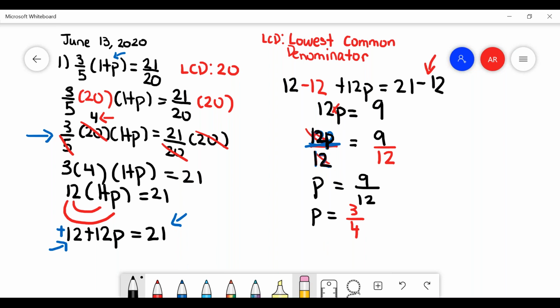So just to recap what I have done for this question, basically first I figured out the LCD, which keep in mind stands for lowest common denominator, and the LCD was 20. After that, I multiplied each term by the LCD, which is 20, and I reduced 20 with each denominator, canceling out the LCD with the denominators, and we simplified those further.